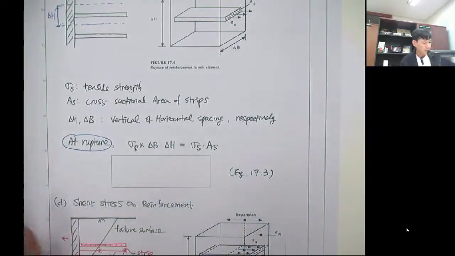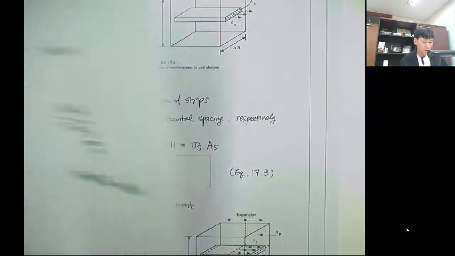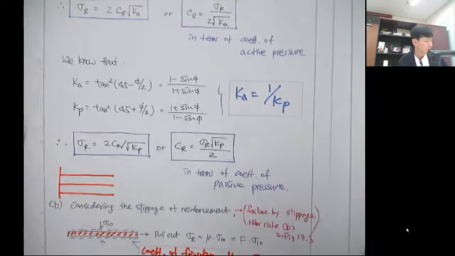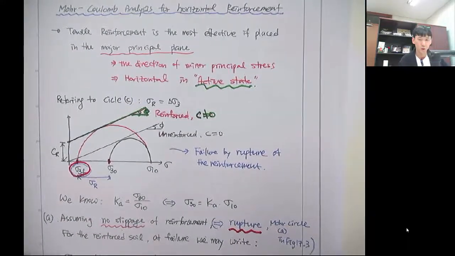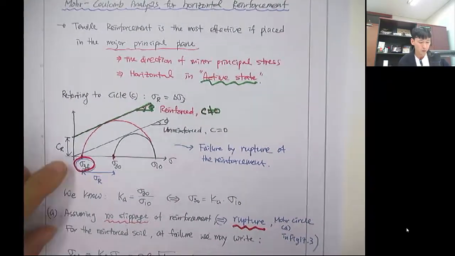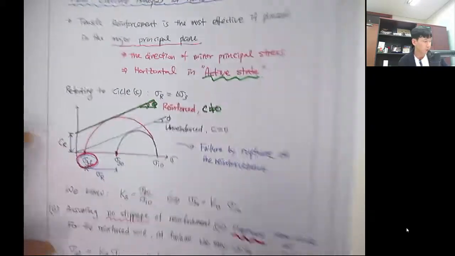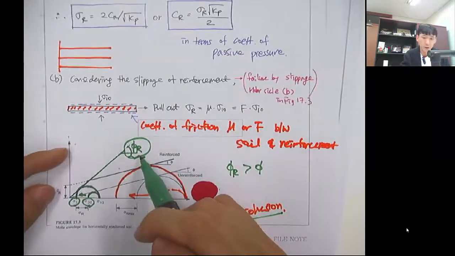So now we've been seeing how you can analyze the effect of reinforcement in terms of the Mohr circle and the Mohr-Coulomb parameters. For the rupture, we'll calculate the Cr for the design, and for the slippage, we'll calculate phi r, the friction angle.